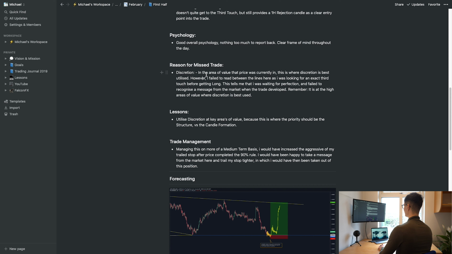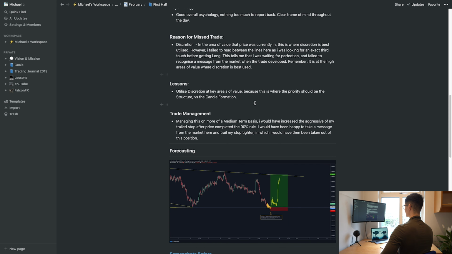So what I put in the area of value that price was currently in, this is where discretion is best utilized because we're at an area of value. However, I failed to read between the lines here as I was looking for an exact third touch before getting long. This tells me that I was waiting for perfection and failed to recognize a message from the market when the trade developed. Remember, it is at the high areas of value when discretion is best used, and that's where I use it. So as you can see, that's the reason outlined.